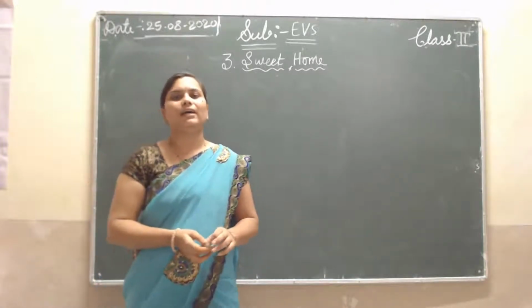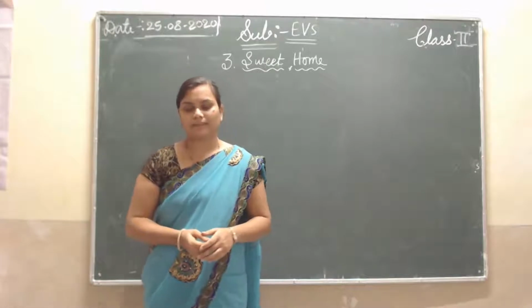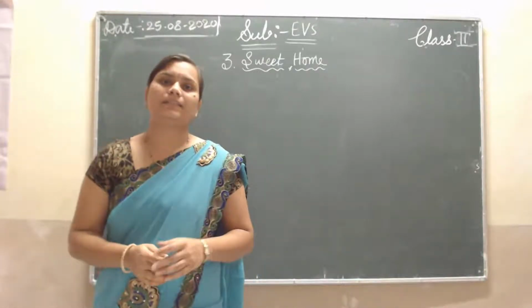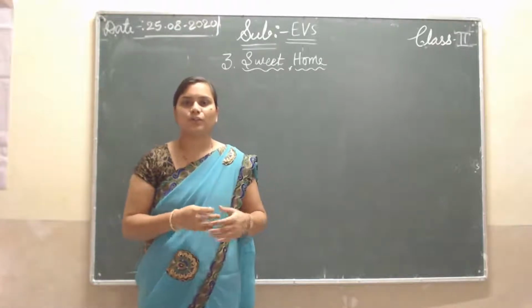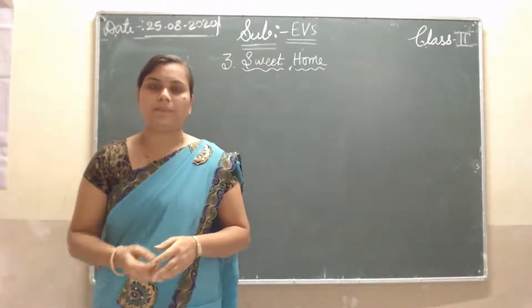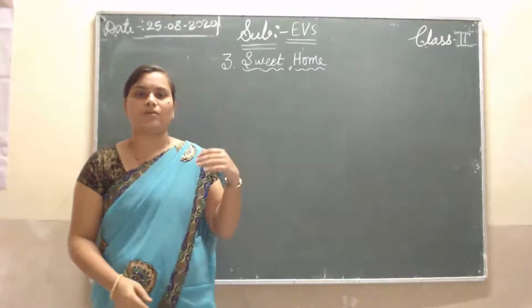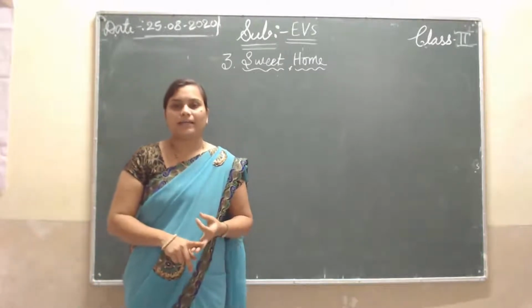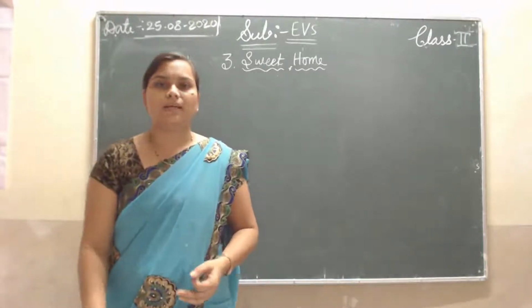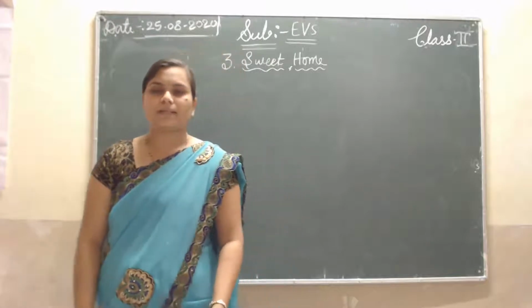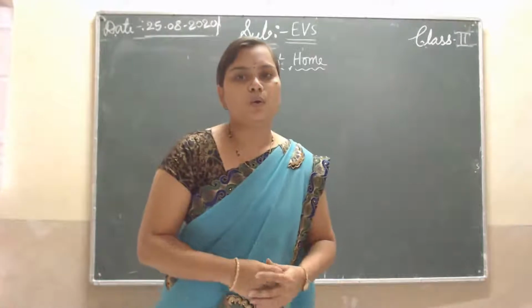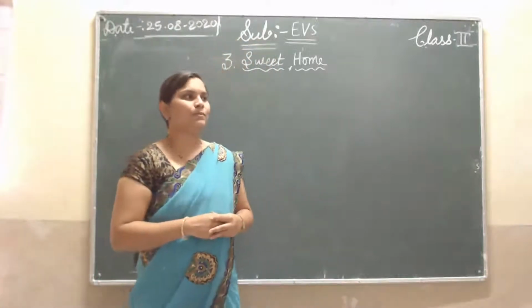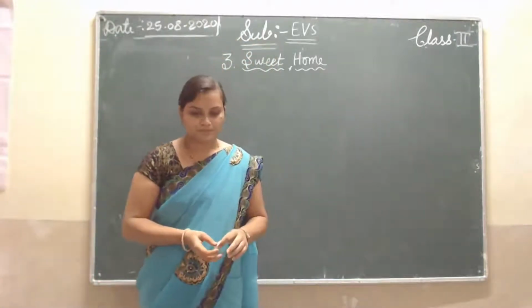And also we learned in the previous class about the many people who are involved in building our house. Which are those people who help us to build our house? They are the architect, carpenter, mason, painter, electrician and plumber. These are the people who work with us to build a house.